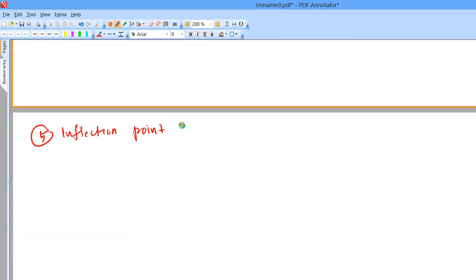Inflection point means we want to find the value of x and y. So x equal to negative 2, and now we want to find the value of y.